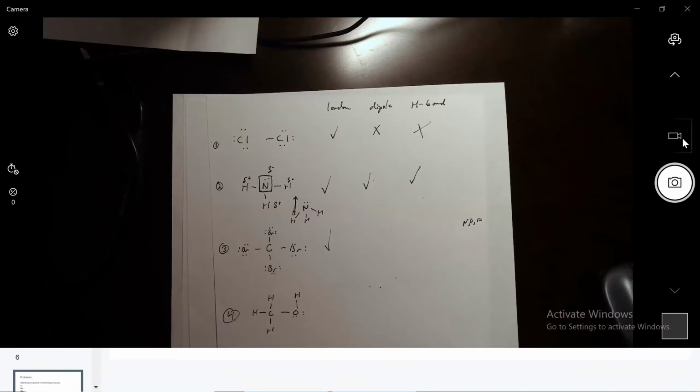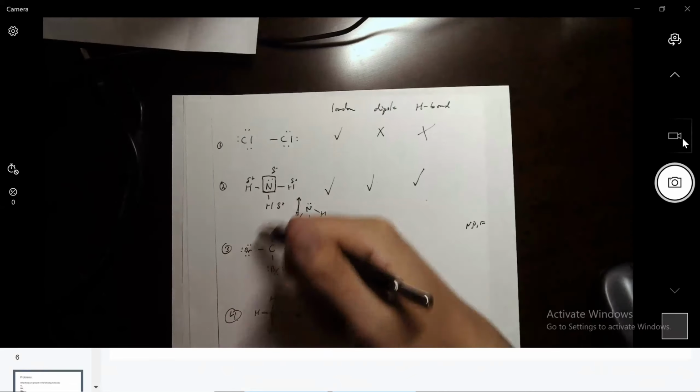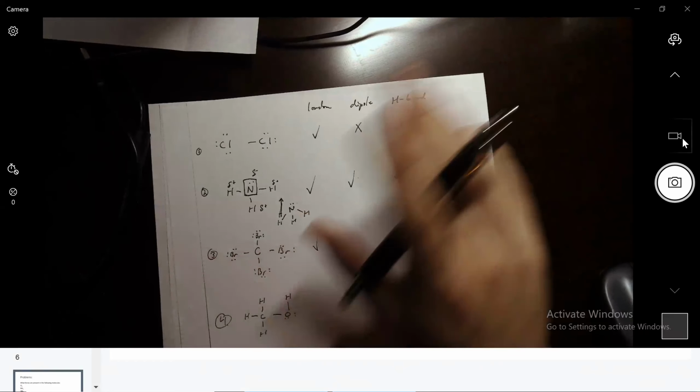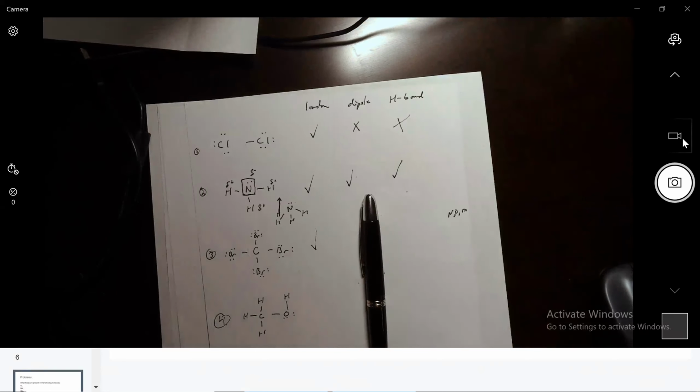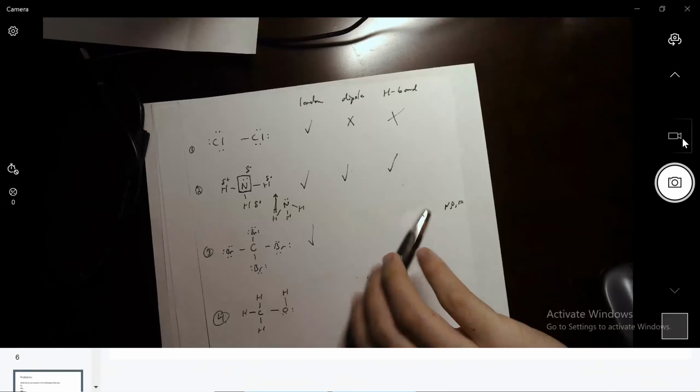Carbon is a little less electronegative than bromine, although the difference probably is not too significant. I can't remember the numbers off the top of my head, but there's somewhat of a difference. However, all the dipoles point away from each other, in such an orientation that they all cancel each other out, so we don't have an overall dipole.